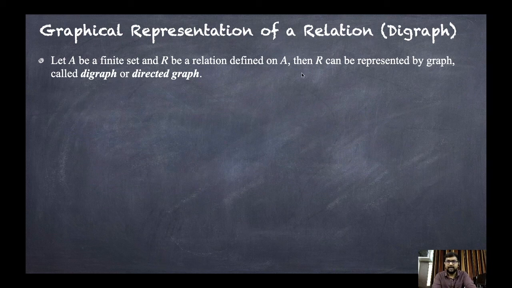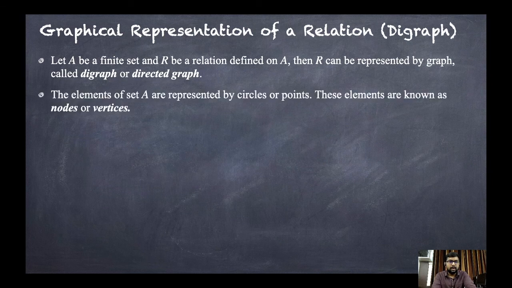Then R can be represented by a graph, called a diagram or directed graph. The elements of A are represented by circles or points, and these are known as nodes or vertices.